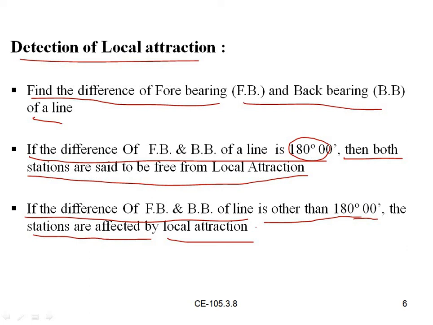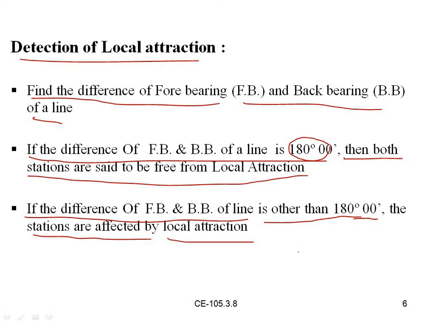So in order to rectify that, we will be doing certain methods and problems. First of all, this point we have to keep in mind. Okay, if the station does not have local attraction, then the calculations will be easy to do. If the station is affected with local attraction, then only the calculations will be more.